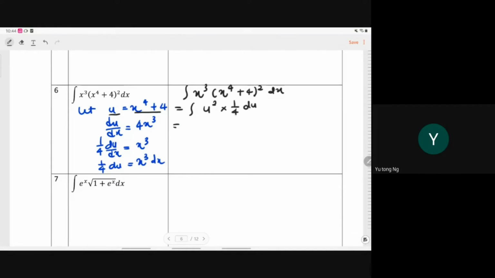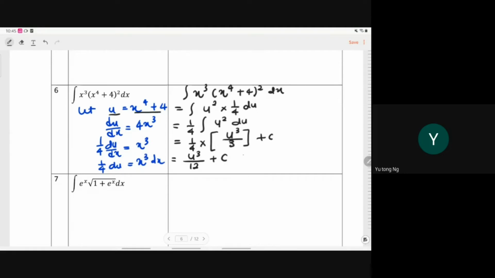So that 1 over 4 can be taken out. Leave it as u squared du, which equals 1 over 4 multiplied with integrating u squared, it becomes u to the power of 3 over 3 plus c. Simplify, it is u to the power of 3 over 4 times 3 in the denominator, equals 12, plus c.